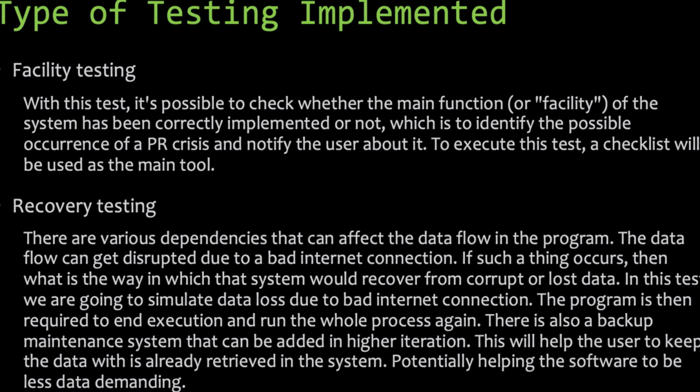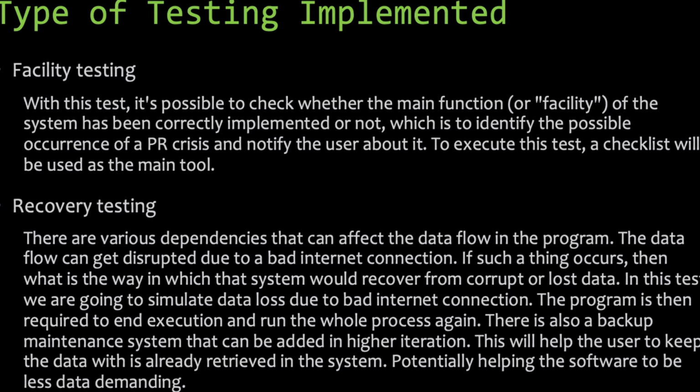The next is the types of testing implemented. We implemented facility testing, recovery testing, and documentation testing, which will be in the next slide. For the facility testing, we basically check if our system matches the requirements we need.